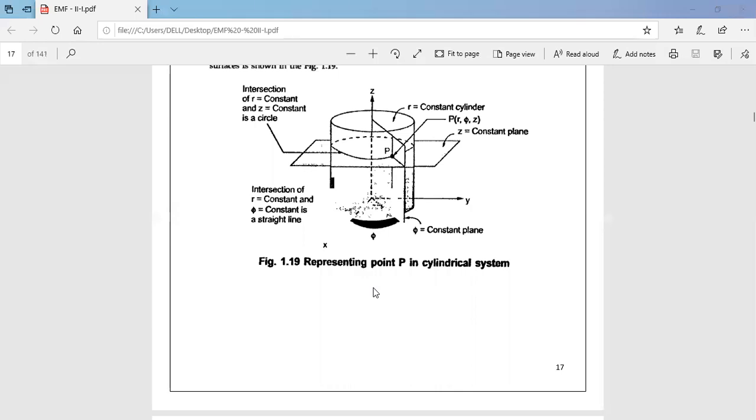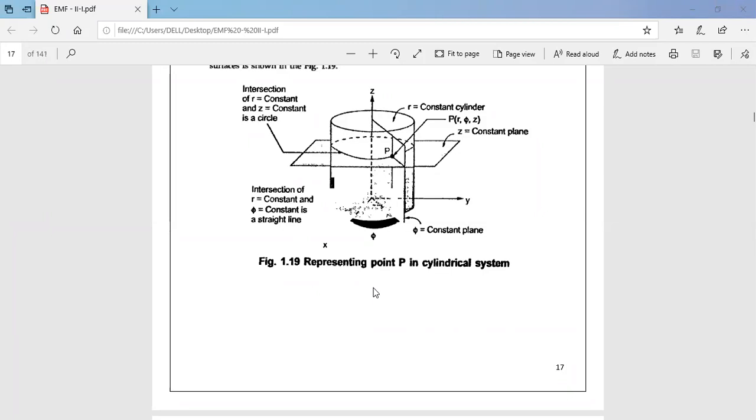Let me put it a different way. A volume of charge Q is defined by some algebraic function.